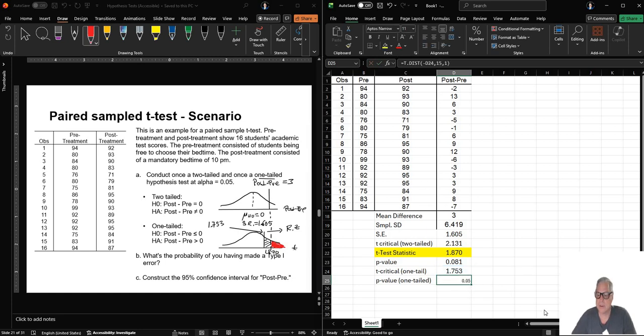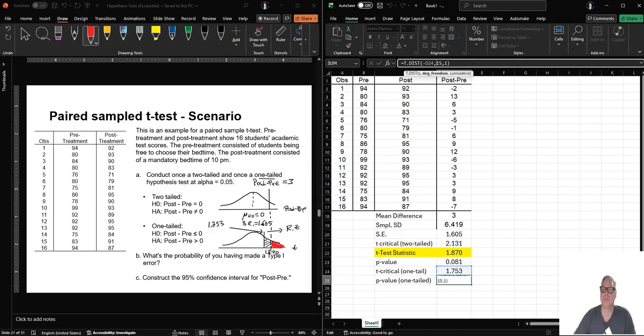And now this seems to be actually close to, oh, that's interesting, that's exactly, hold on, oh, I'm sorry. Of course, this is exactly 5%. I made a stupid mistake. I don't want to know the area to the right of 1.753. Well, that's obviously 5%, but I want the area to the right of 1.87.